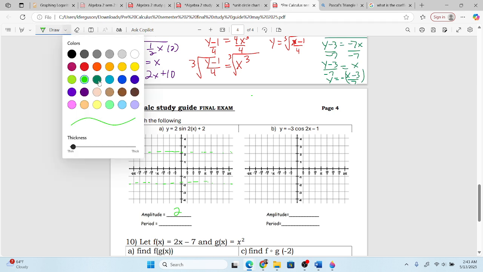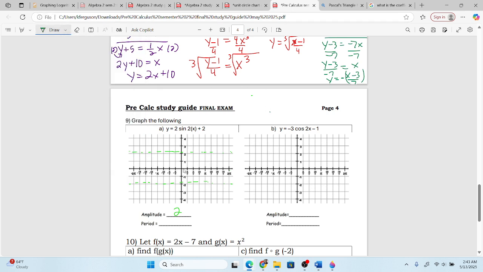cycles. So one cycle would ordinarily go dot, dot, be in the middle, then here, in the middle, and then there. That's kind of one cycle.